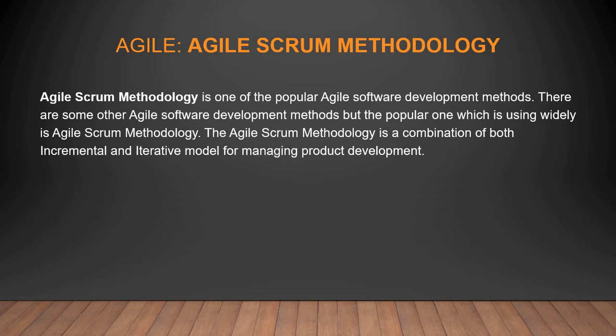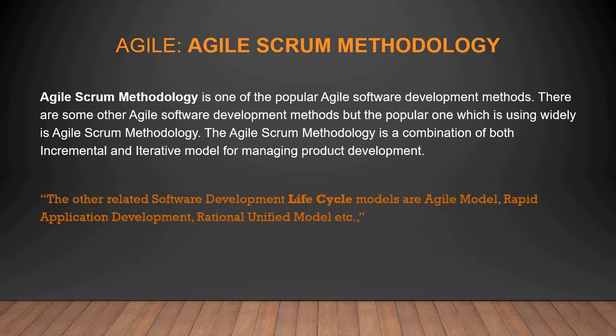There are some other agile software development methods, but the popular one which is widely used is agile scrum methodology. The Agile Scrum methodology is a combination of both incremental and iterative models for managing product development. This is only the overview of Agile Scrum methodology.